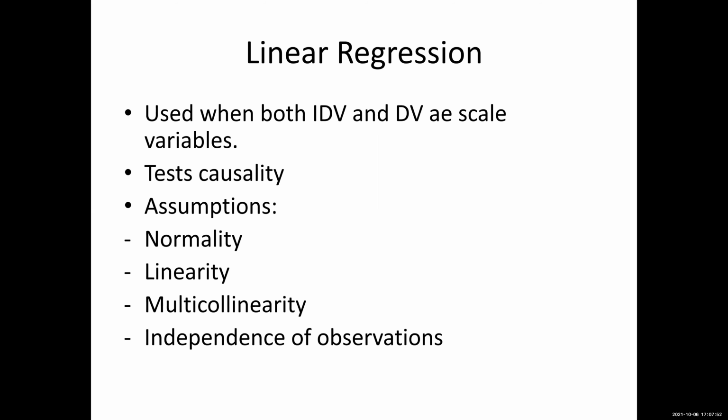And there are tests which you can do to see whether your data is suffering from multicollinearity or not. And of course, the independence of observations, which means that observations on one of your respondents are not being influenced by other respondents.